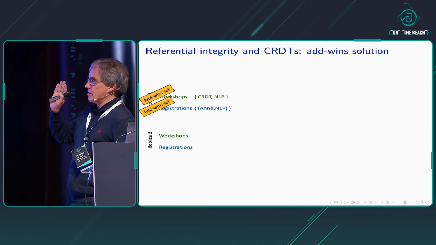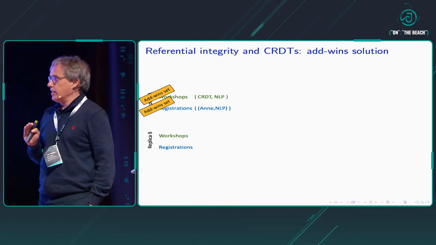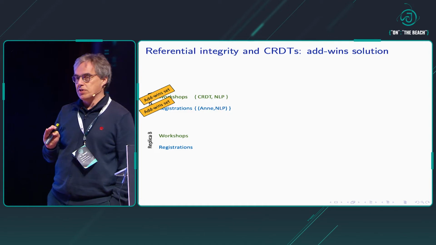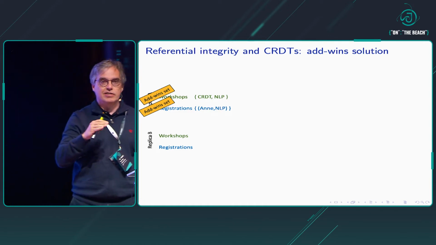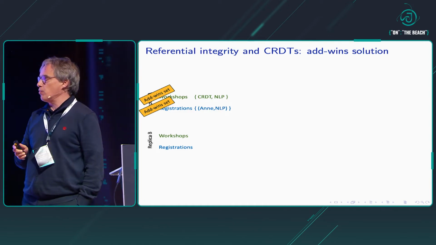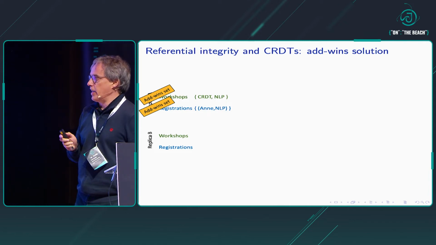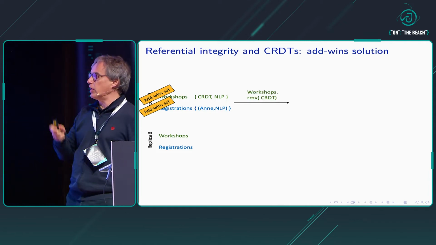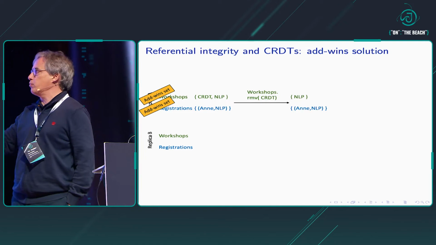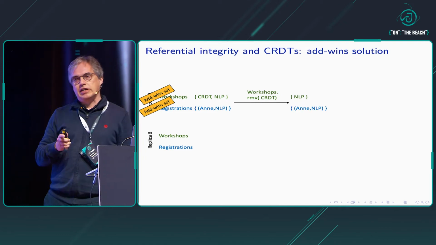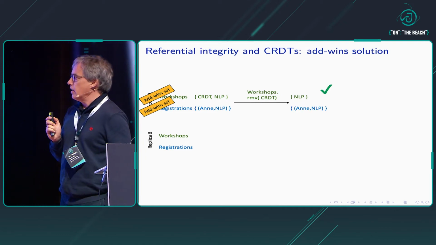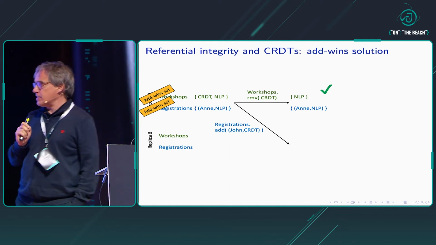So let's see the example. We have the workshops, for which we will use an add wins set. And we have the registrations, which is also an add wins set. If we remove the workshop, we just do the remove, no fancy thing here. And the fancy thing comes here.